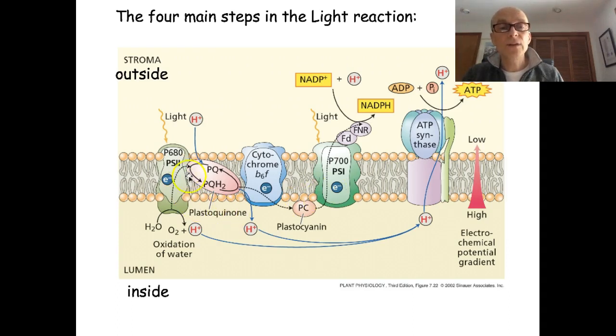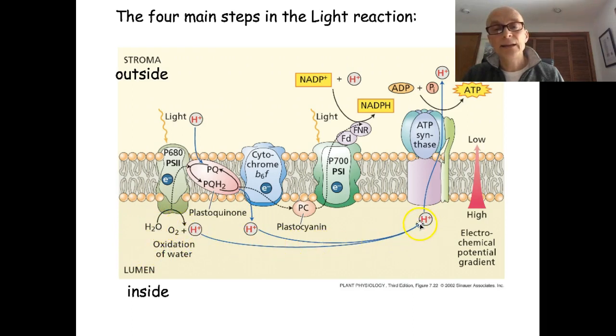So you have redox reactions where electrons are shuttled from one substance to the next substance to the next substance. And then eventually there's a reduction of NADP plus to NADPH. And then during that time, hydrogen is either pumped through the membrane or produced during the splitting of water.